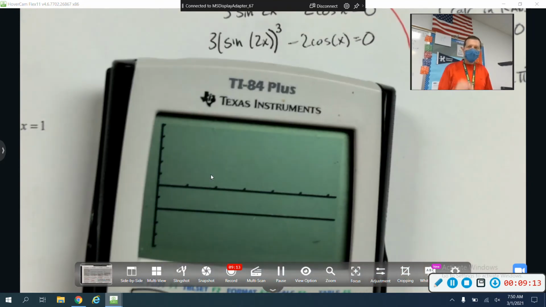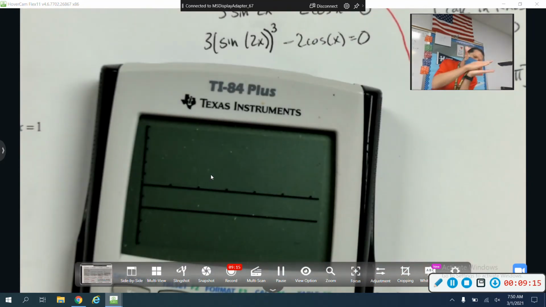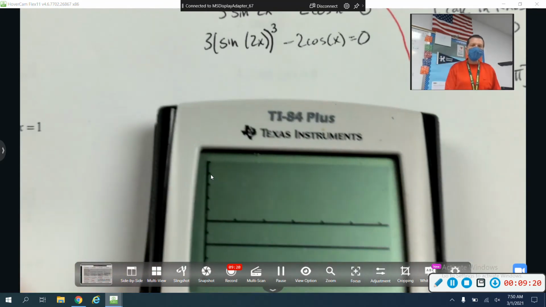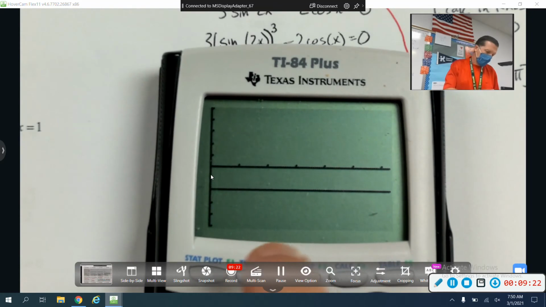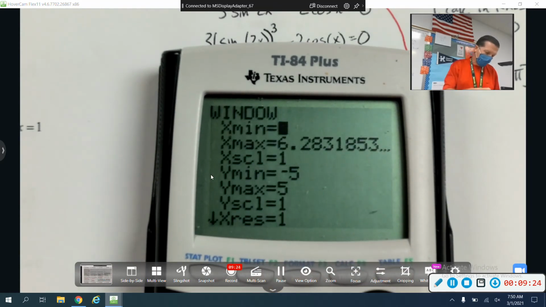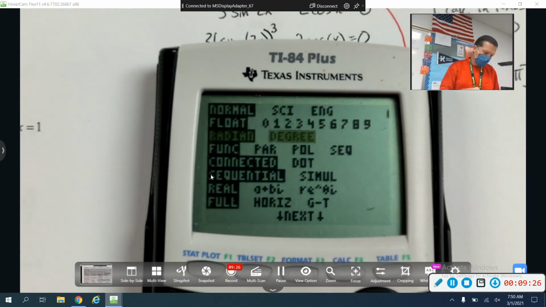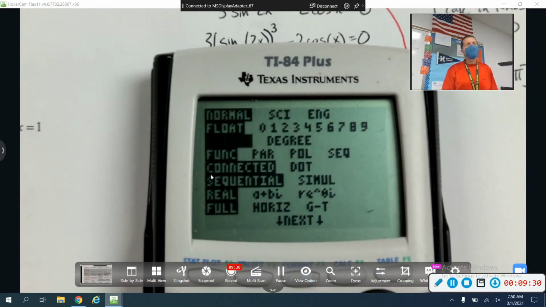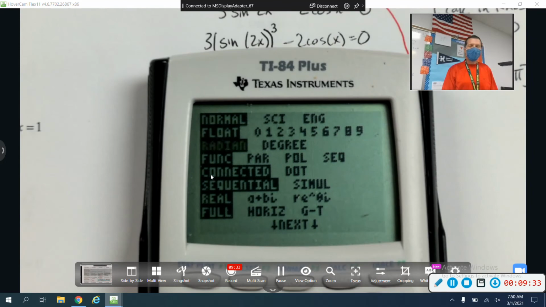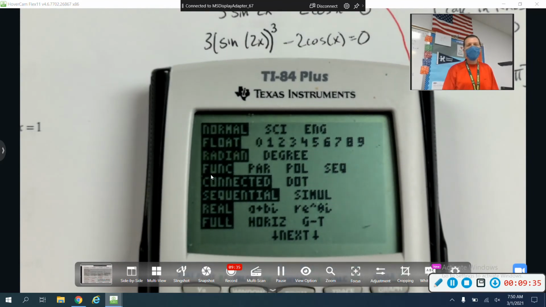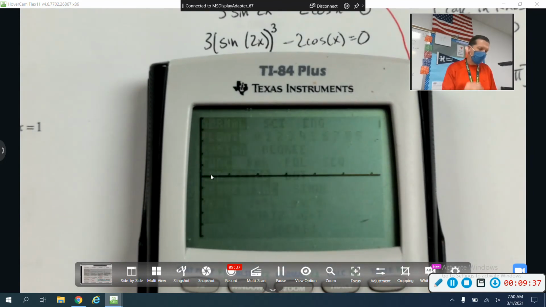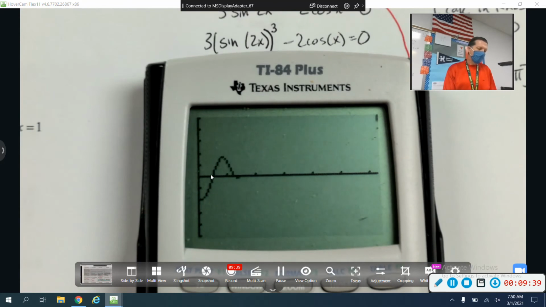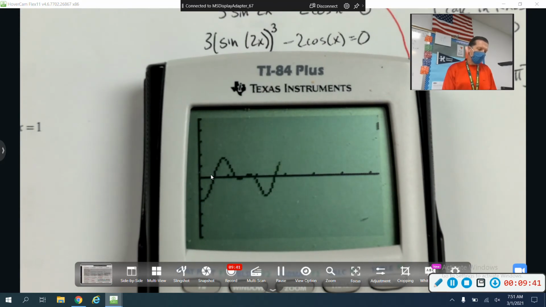Well, 6 degrees is just a super small opening. So we're not seeing much of the graph if we look from 0 to 6 degrees. So let's go back to radians. But that shows you what usually happens when you're in degrees. It looks like a flat line. So if that happens to you, then let that trigger your brain of, wait a minute, I better go make sure I'm in radians so I get a heartbeat looking thing.